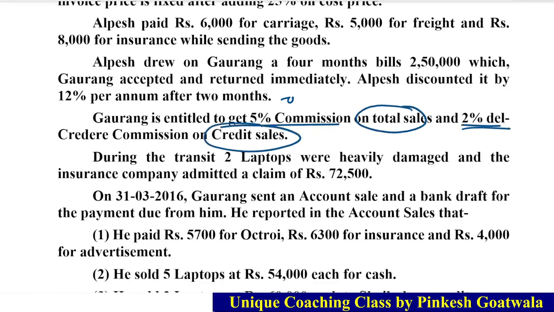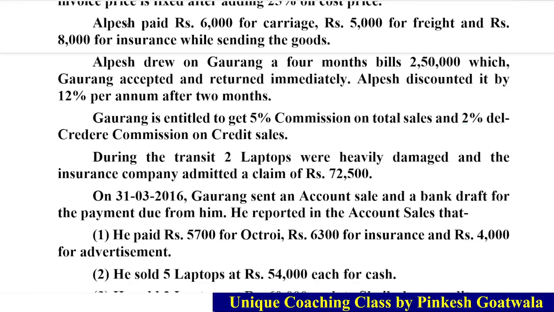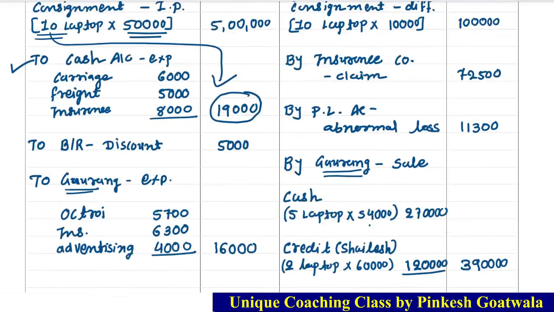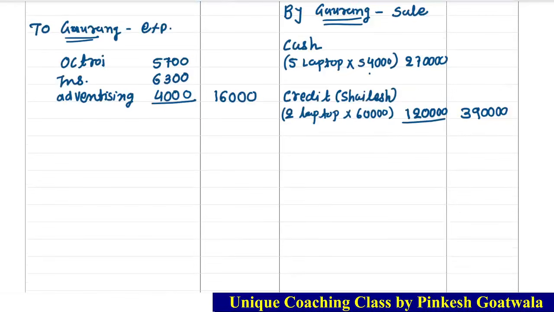But suppose these words are not given, in that case remember that if only commission or general commission is given, we calculate on total sale, and if del credere commission is given, we calculate on credit sale. But in this question they clearly told that 5% is general commission and 2% del credere commission is calculated on credit sale.